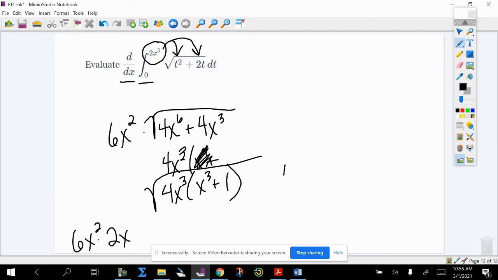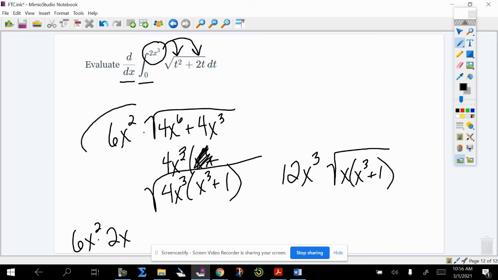I don't know if they'll make you do this. I know on the AP test they won't, but they may on Delta Math. So you can have a 12x cubed, and you would still have under your square root an x and an x to the 3rd plus 1. Again, I don't know how far they're going to make you go. I do know that if you don't put the derivative of the boundary, you're definitely not going to get it right. As far as the algebra simplifying, I'm not going to make you go super far on that.